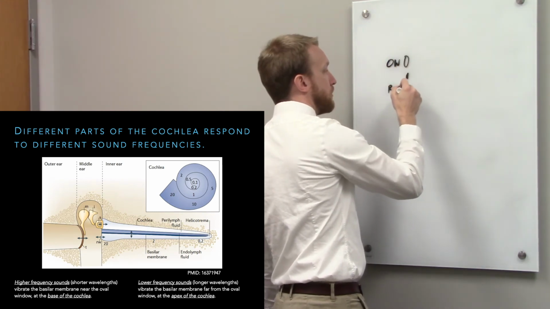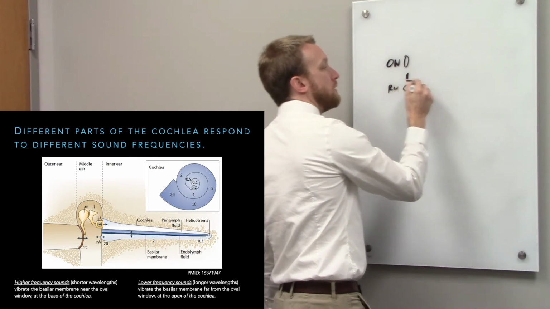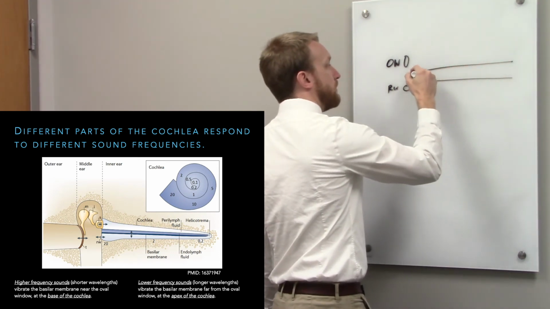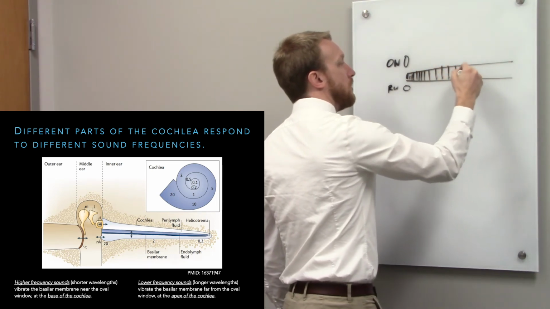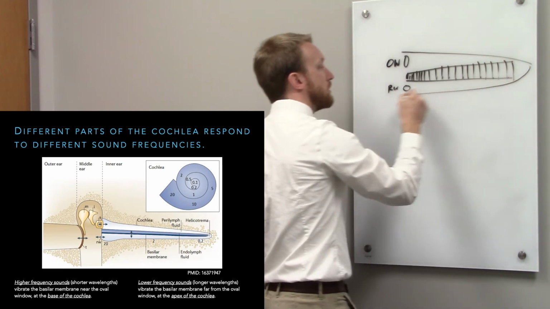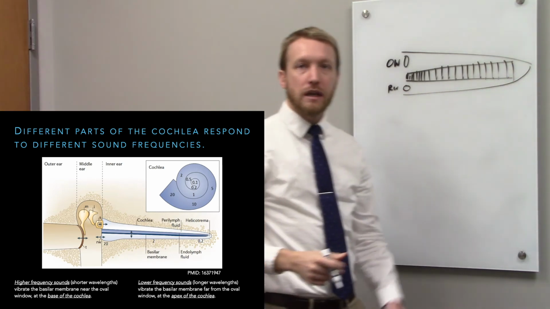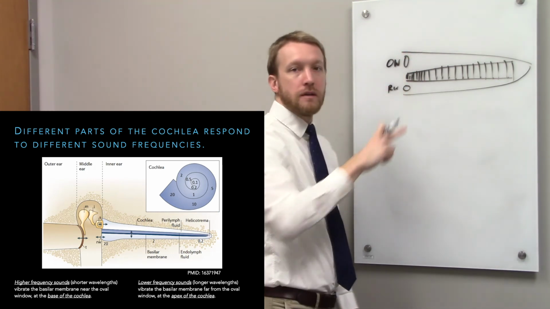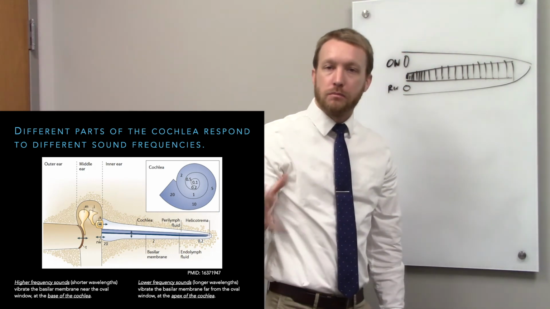Here's my round window. And here's the basilar membrane. These fibers actually get longer as you move toward the apex of the cochlea. I realize the cochlea looks larger down here at the base, but that's just the bone.